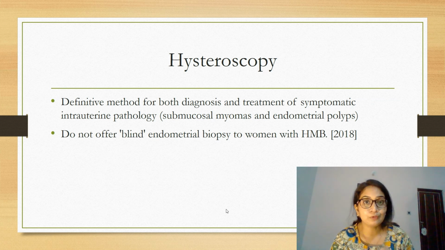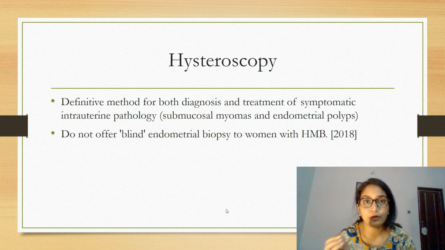The woman is typically sedated, and we put a small tube, usually 4 mm or less, inside the uterus. We push saline to create some pressure inside the uterus, so that the uterine cavity really balloons out, and we can see that yes, there is a myoma or something that is causing this abnormal uterine bleeding.